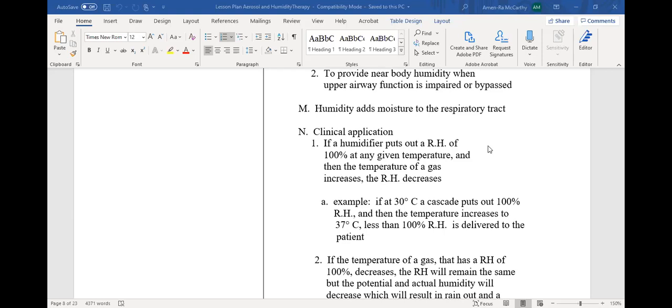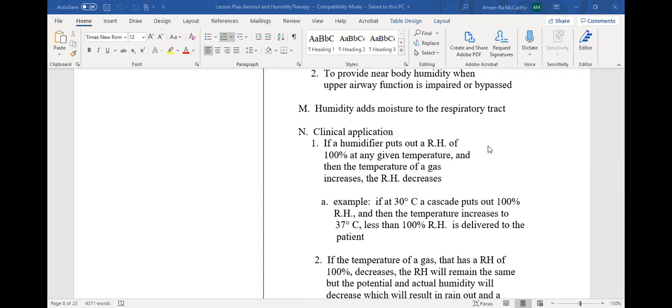Well, if you have one that does that and the temperature of the gas increases, then the relative humidity decreases, okay? So if the temperature goes up, the relative humidity will decrease. The absolute doesn't change, but the potential changes, because the heat changes, right?